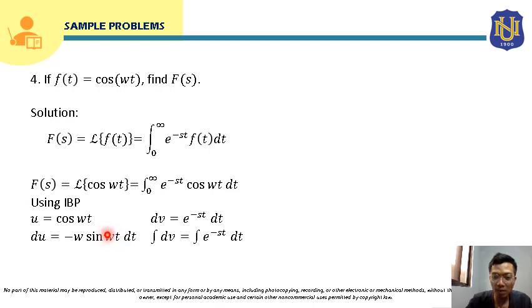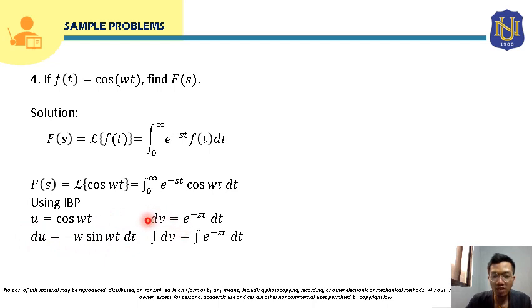Here w is a constant and t is the variable, so the derivative of wt is w. So du is negative w sine wt dt.